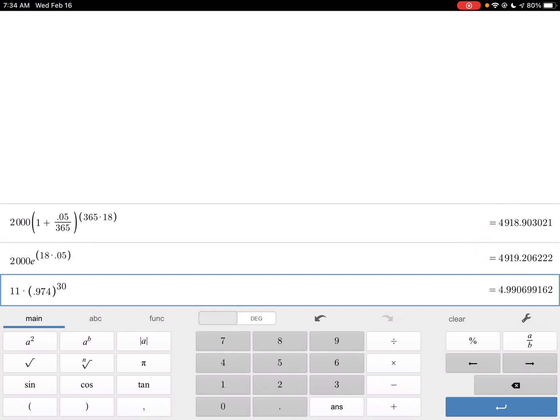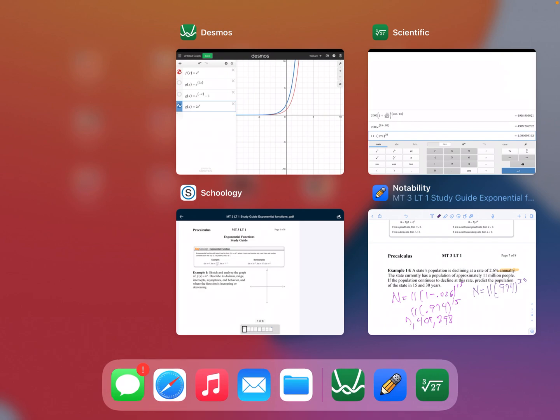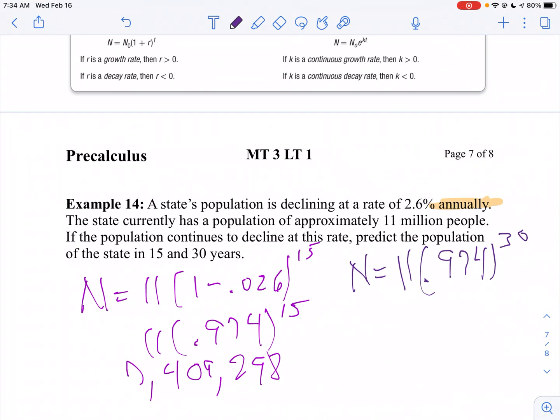And there we have it. After 30 years, you're going to be under 5 million. So I'm going to say less than 5 million. And of course, you can write the number out if you want.